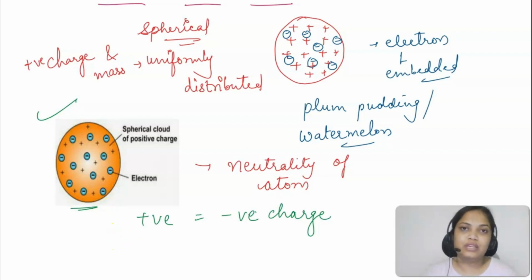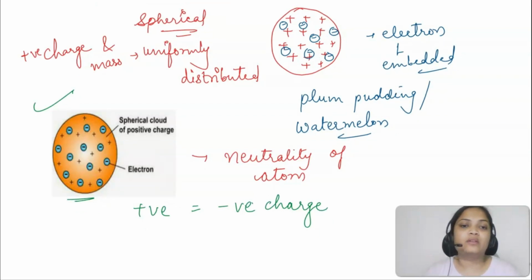So that's what he said. This was regarding your Thomson model. It's a very basic model. We have studied it in lower classes also, but we must know what he said about the structure of the atom in his model.